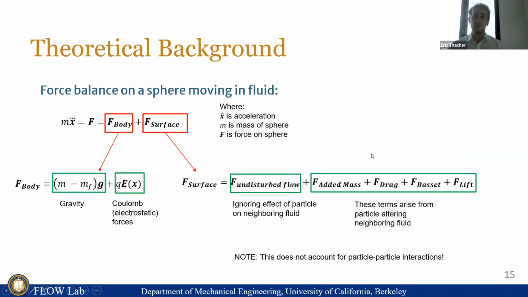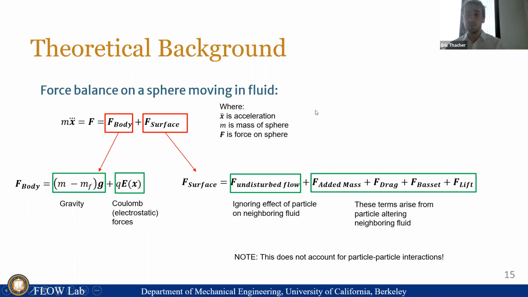All right, so basically where I was at was that there's some force from the undisturbed flow and there's force from the disturbed flow, which is basically these additional terms like added mass, drag, Basset history force, lift, all of which arise from the fact that when the sphere moves through the fluid, again, we're not considering evaporation in this equation yet, it's going to alter the forces experienced by the sphere.